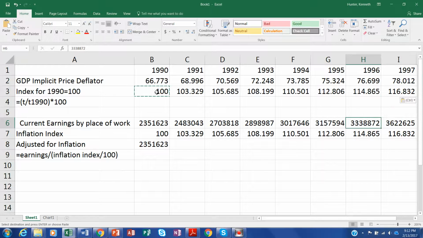Now we have taken from CA05 the 1990 to 1997 current earnings by place of work for one of the North Carolina counties. By the way, this information is shown in thousands of dollars, not in actual dollars, so it's actually $2,351,000,000 in 1990, not $2,351,000.